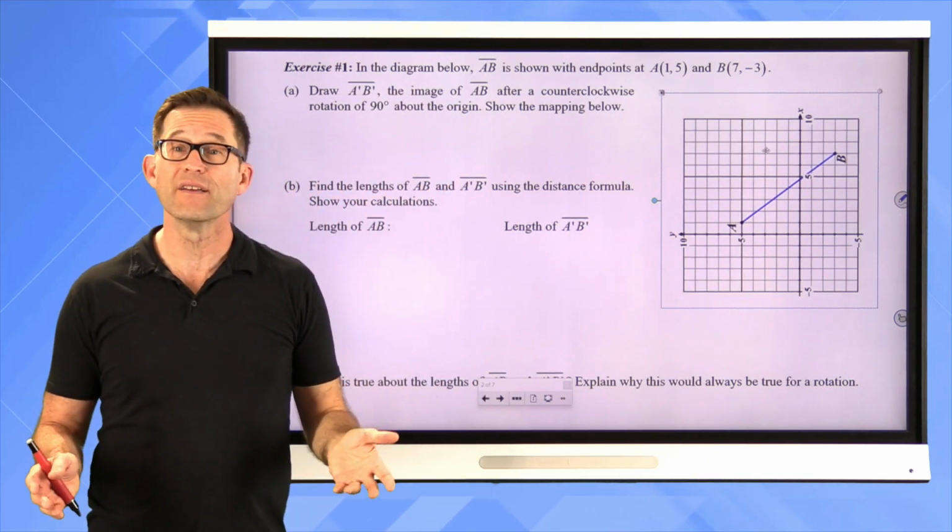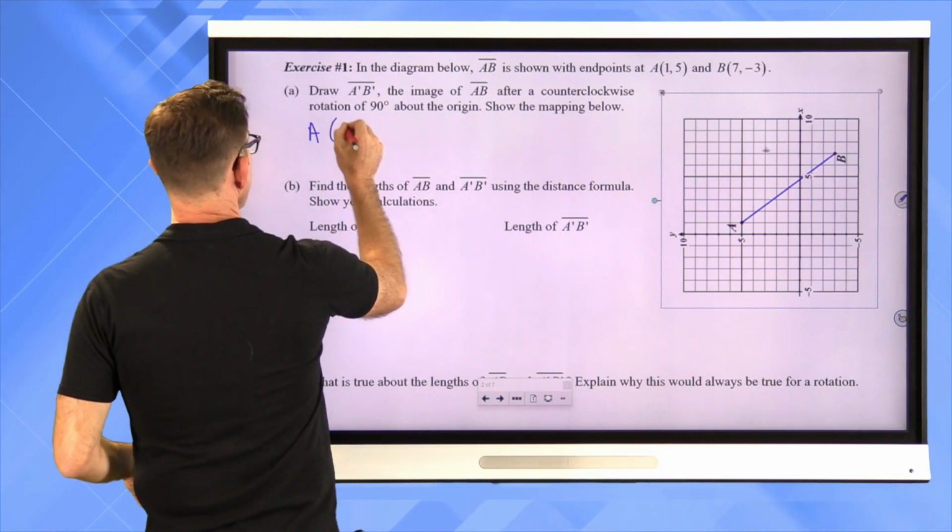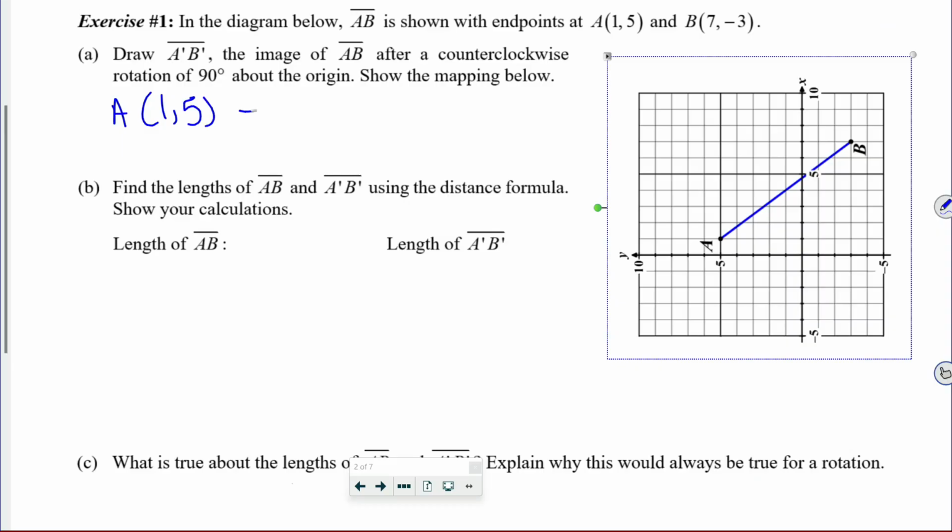And when you do that, you can now say, well, A, which was at (1, 5), will get mapped to A', which is now at (-5, 1). And B, which is at (7, -3), will get mapped to B', which is at (3, 7).